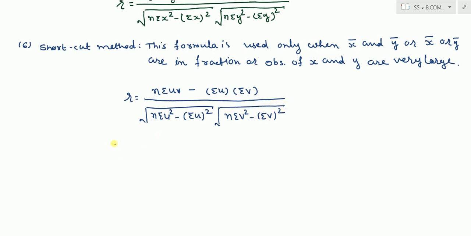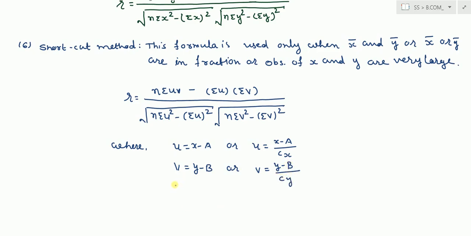Okay, where u is equals to x minus a, or u is equals to x minus a upon cx. v is equals to y minus b, or v is equals to y minus b upon cy, where a is equals to assumed mean for x and b is equals to assumed mean for y.